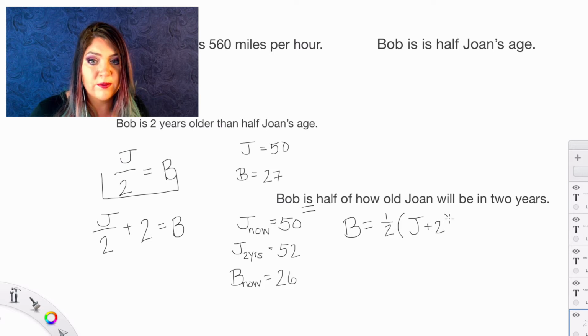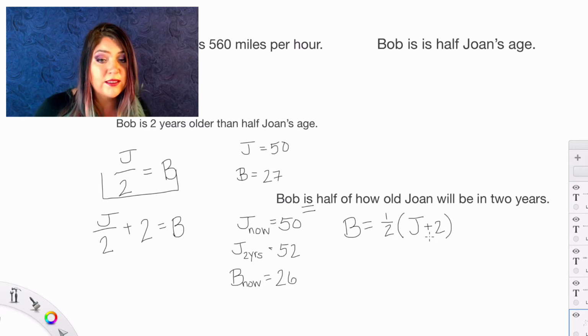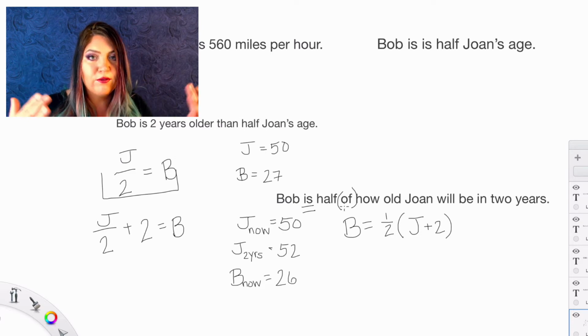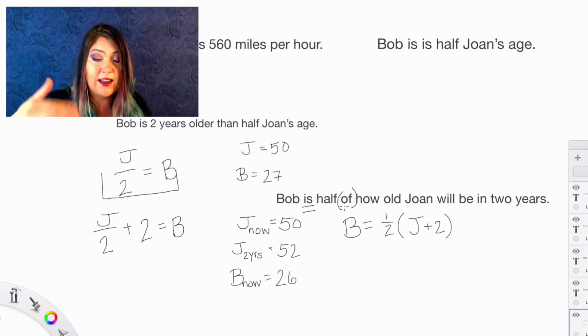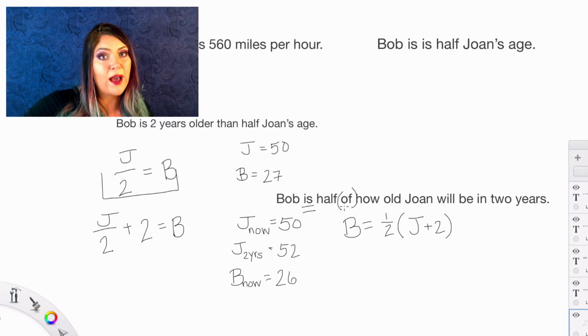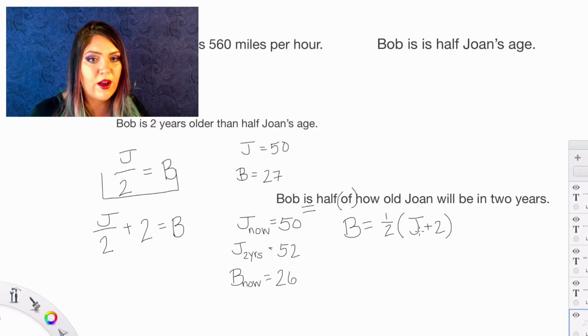So plus 2. So all I did was translate the word is to equals, and then of is multiplied. Of, half of, and I translated half to the fraction half, and then in 2 years I said plus 2. Now let's test it back out with our numbers and see if that works.